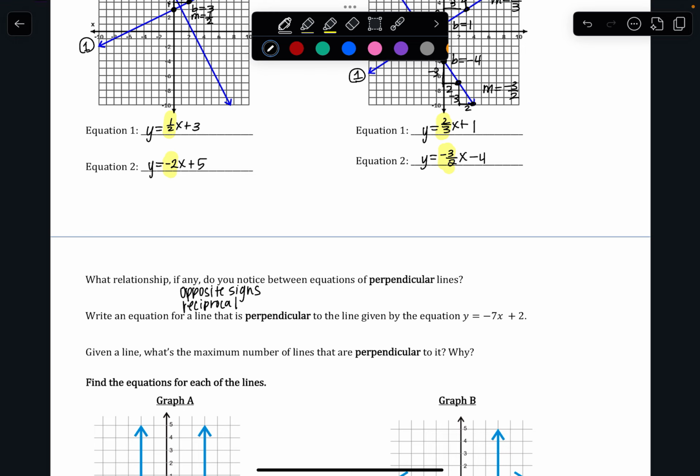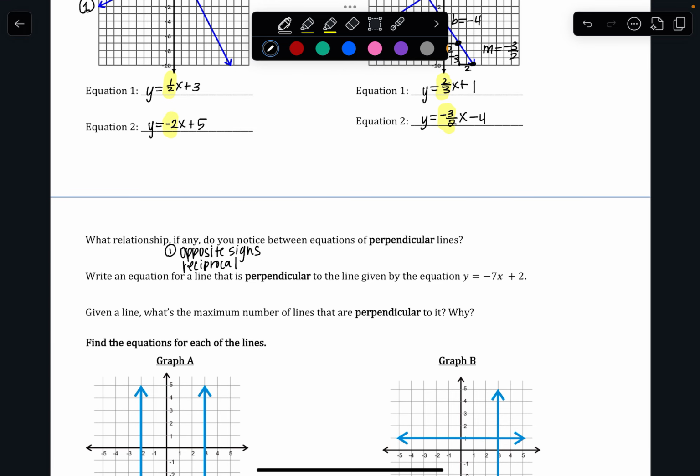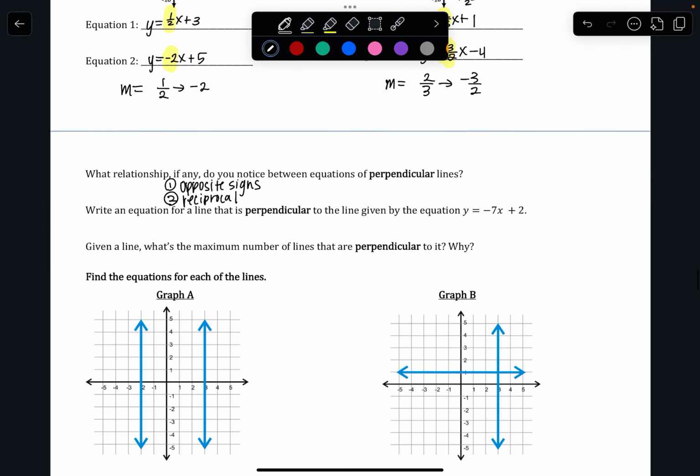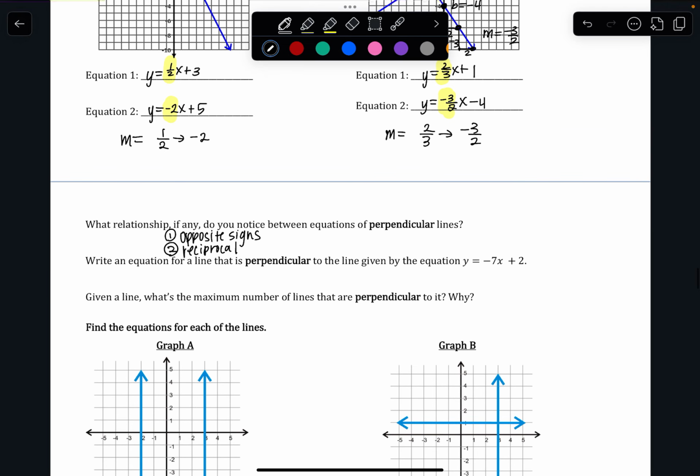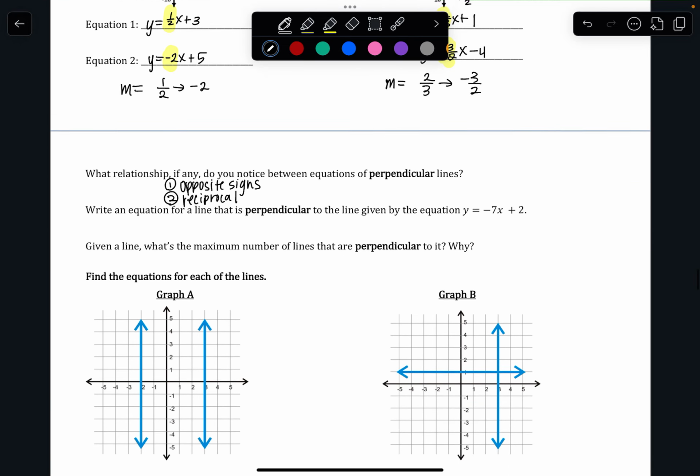Some people call these negative reciprocals or opposite reciprocals, but two things have to happen: they have to have opposite signs and they have to be reciprocals. Notice 1/2 became -2, and 2/3 became -3/2. Just looking at the slopes, that's how you find the perpendicular slope. You have to flip the fraction and switch the sign.